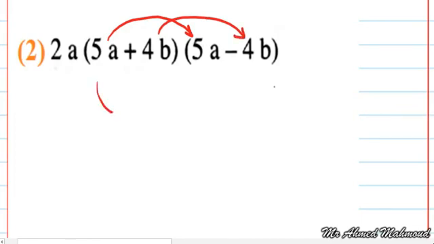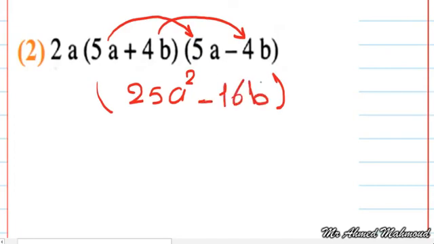But I'm going to multiply them between brackets. 5a times 5a equals 25a to the power of 2. 4b times negative 4b equals negative 16b to the power of 2. Don't forget to drop 2a outside the brackets.